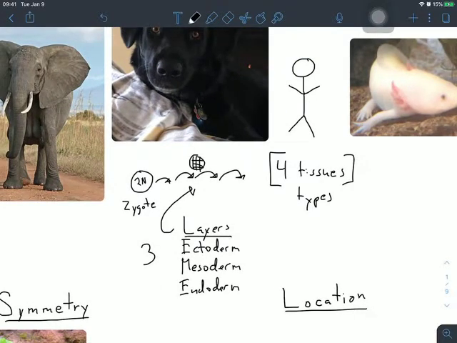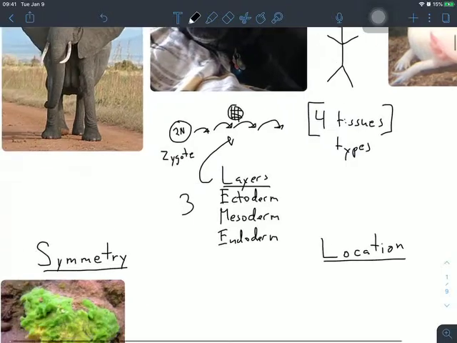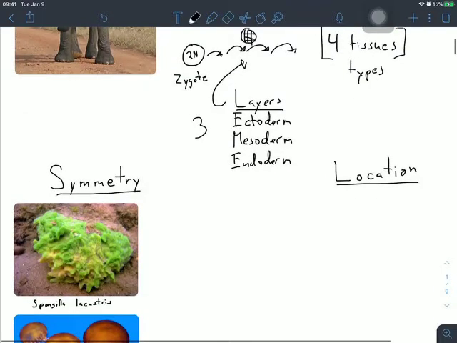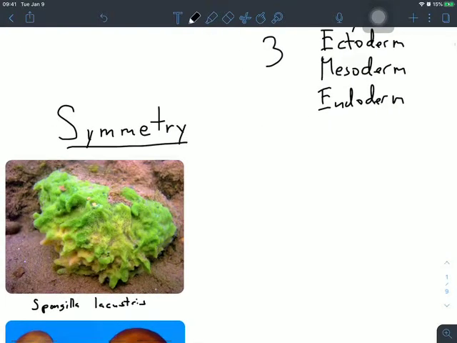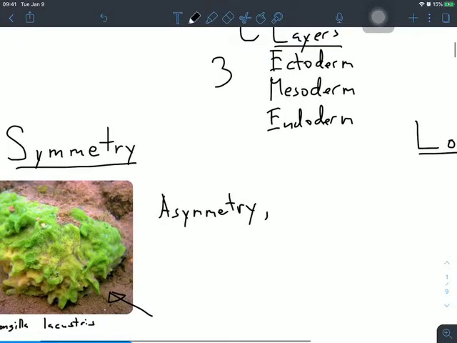These layers correspond with different axes of symmetry. The first and simplest type of symmetry that we see in animals, and yes, that is an animal, Spongilla lacustris, or the freshwater sponge, gives us an example of asymmetry. It has 1 tissue layer.